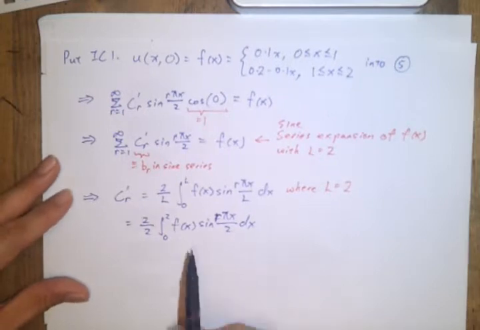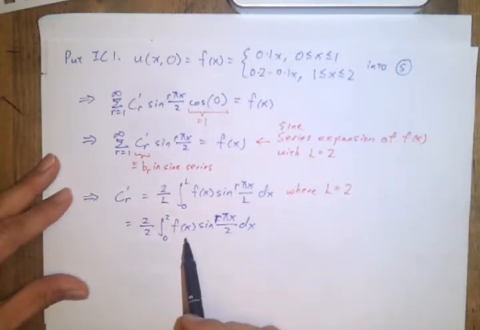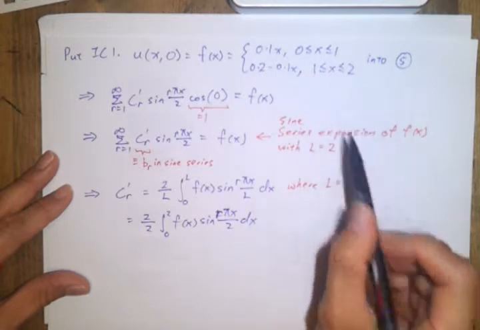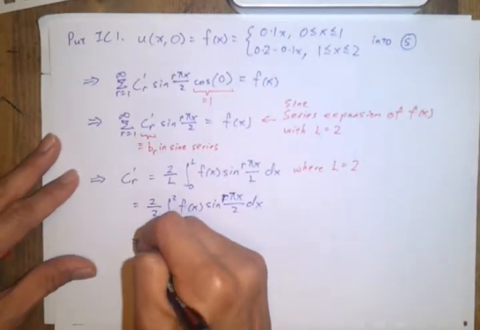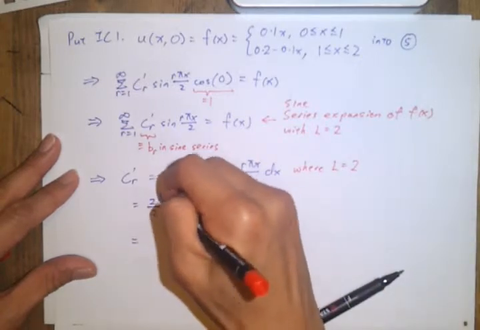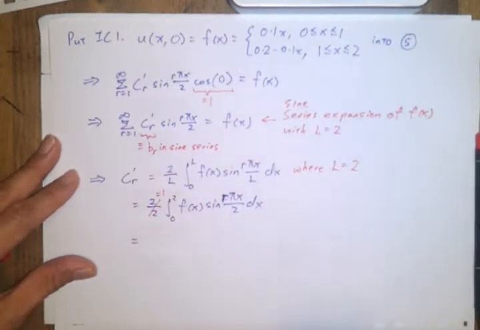And because your f(x) is defined differently for x between 0 and 1 and between 1 and 2, you now have to split up the integration. So this is equal to 1, and I'm going to split up the integration here.